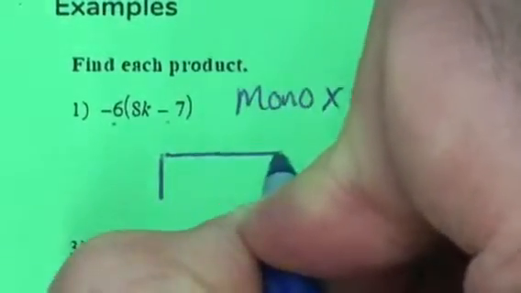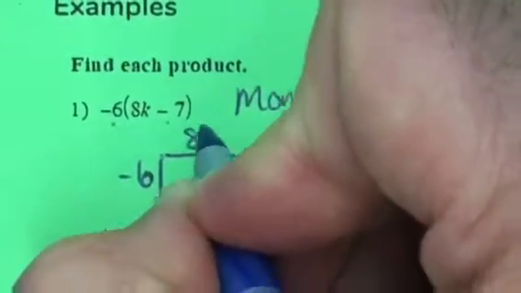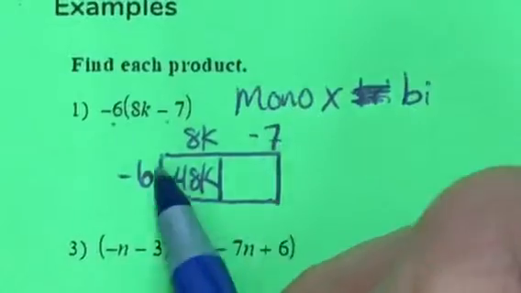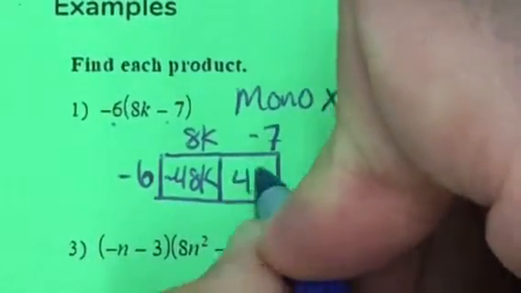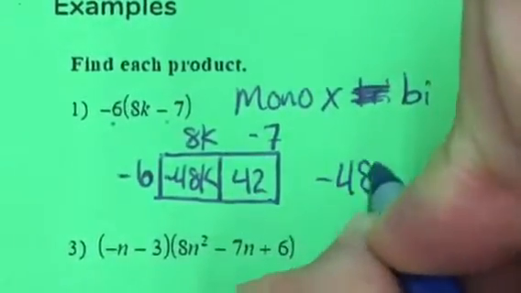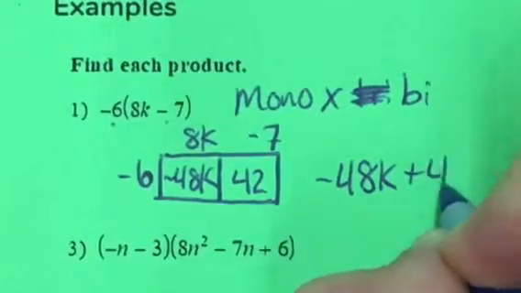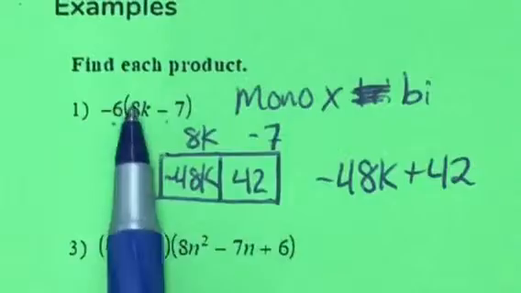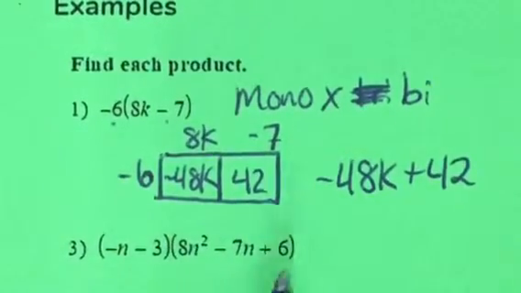Basically, all you got is this. 8 and 6, negative 48. Negative 7, negative 6, 42. That would have been a lot easier just using distribution, but you choose whichever method you want to use.